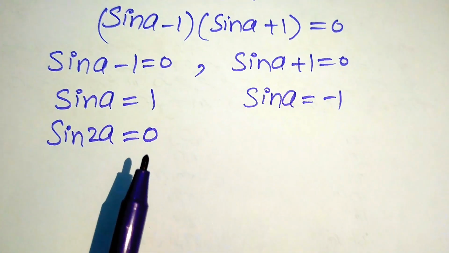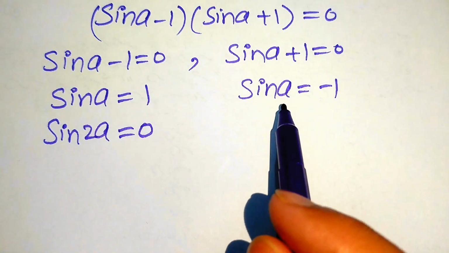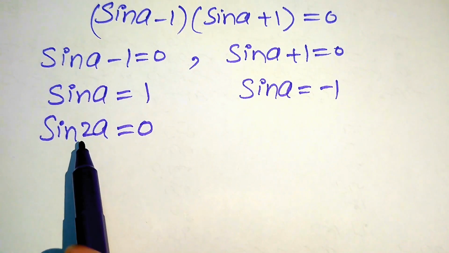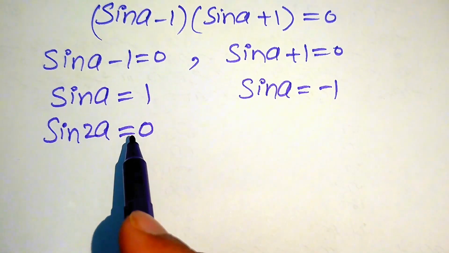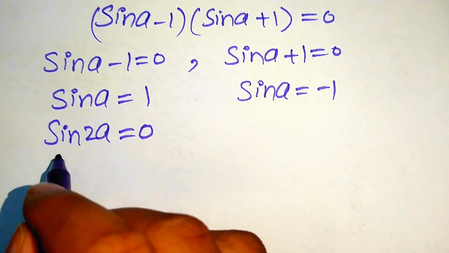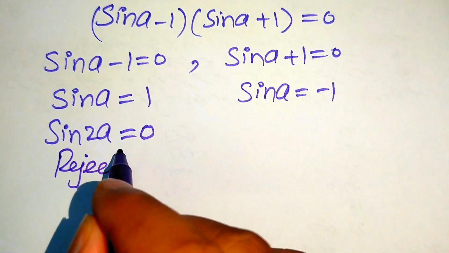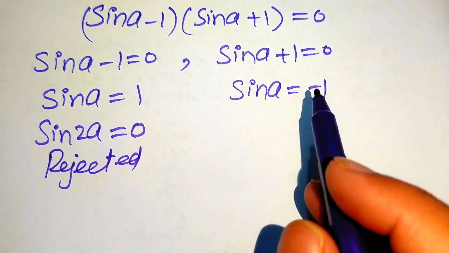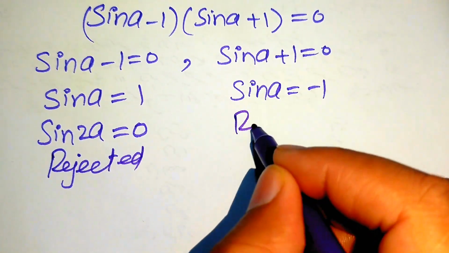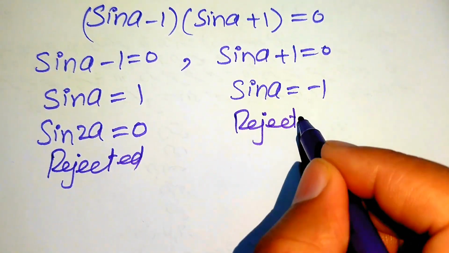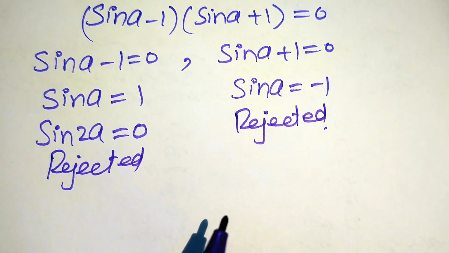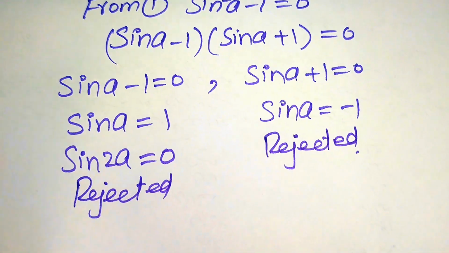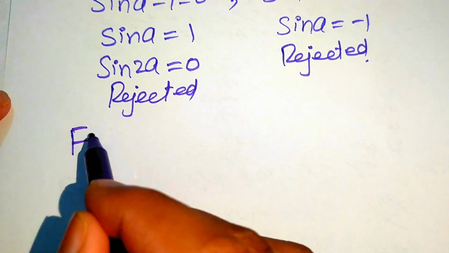We know that any side of a triangle cannot be 0, so we reject the first case because it is not possible. And the other side length of the triangle is negative, and a side length cannot be negative. So we reject this case also, and we can proceed to equation number 2.